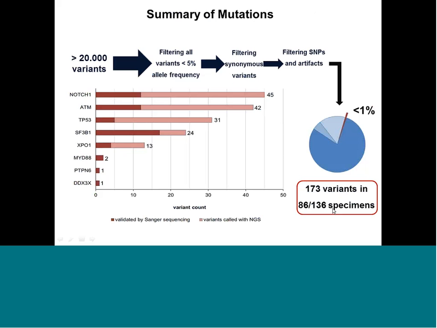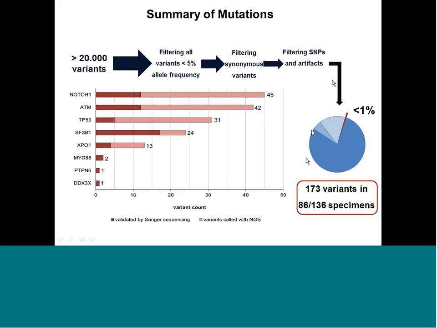136 patients more than 20,000 variants, which were filtered by an informative frequencies. And then they were filtered to remove all synonymous non-protein changing variants. And then we filtered for the typical formalin artifacts and filtered out SNPs, known SNPs.